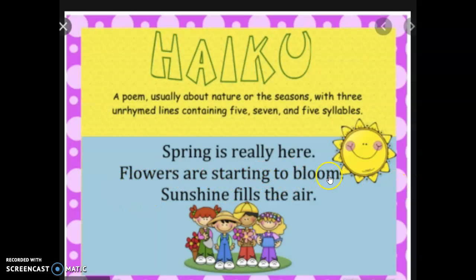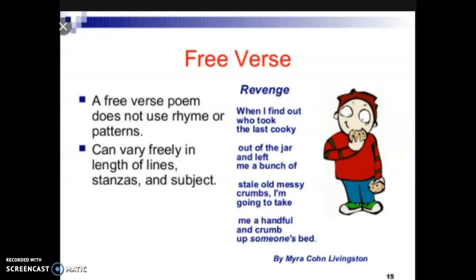There are 7 syllables in this particular line, and sunshine fills the air. Sunshine has 2 syllables, fills 3, the air, 4, 5. So that's what it means when it says that the 3 lines contain a pattern basically of 5 syllables, 7 syllables, and then 5 syllables again. That's a haiku.